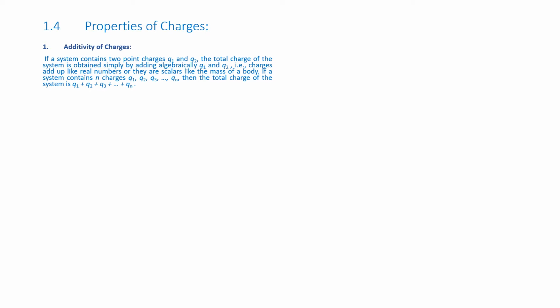If a system contains n number of charges, that is Q1, Q2, Q3 up to Qn, then the total charge of the system is Q1 plus Q2 plus Q3 and so on up to Qn. This is called the additivity property of charges.